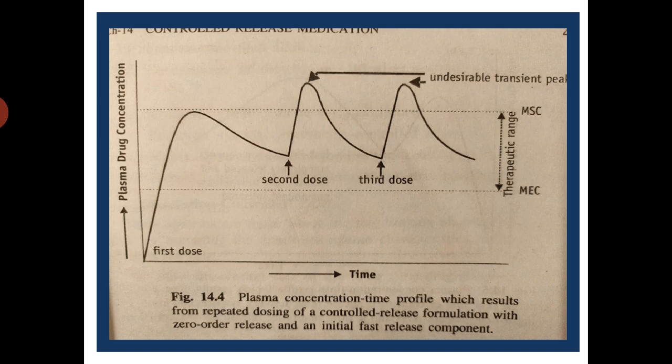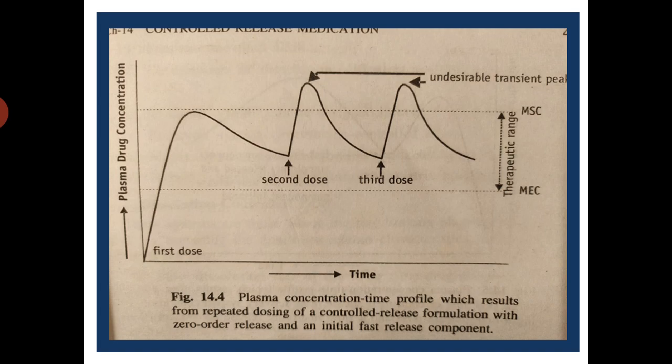Thus, in order to tackle this problem, another method is to give an immediate release conventional dosage form before administering a controlled release, slow zero order controlled release drug delivery system. So what happens?